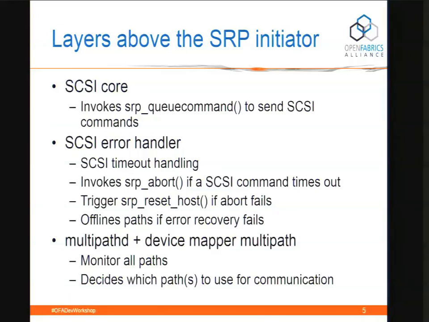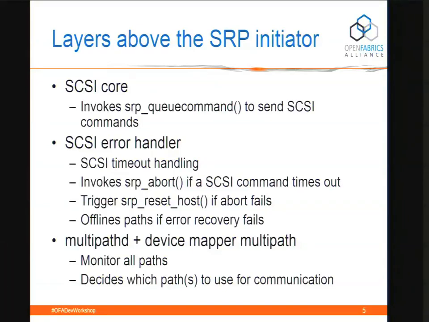If a timeout is detected, the SCSI command that failed will be aborted properly. And if it turns out that the abort fails because the target is no longer reachable, then further steps will be taken. That means trying to reconnect to the target, and if even that fails, just offline the path.